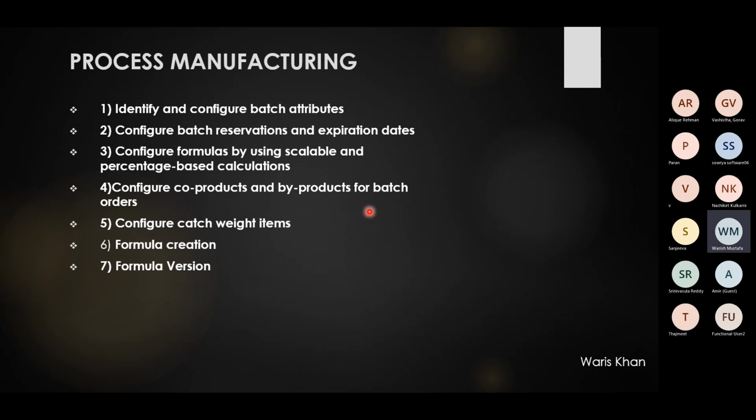So from your previous example, it seems make to order is very peculiar to process and make to stock is very peculiar to discrete. But if I am not wrong, in both cases we can create both process manufacturing and discrete manufacturing. Yes, the way of method is the same. Okay, it is only about understanding what type of industry we are going to implement.